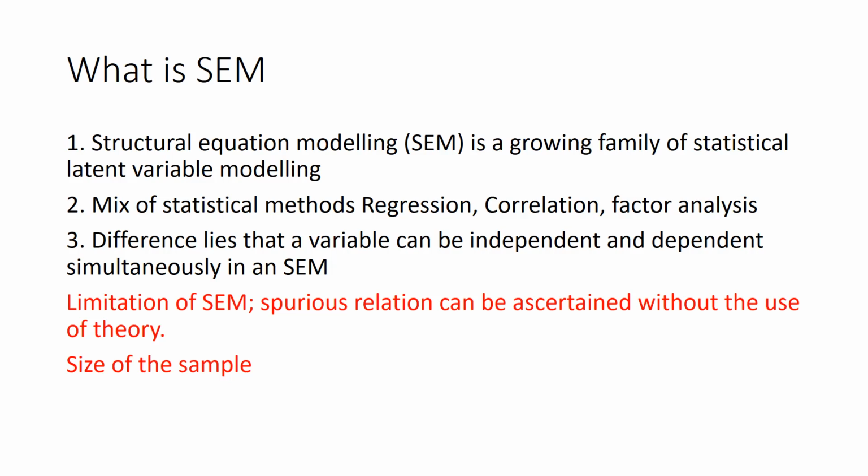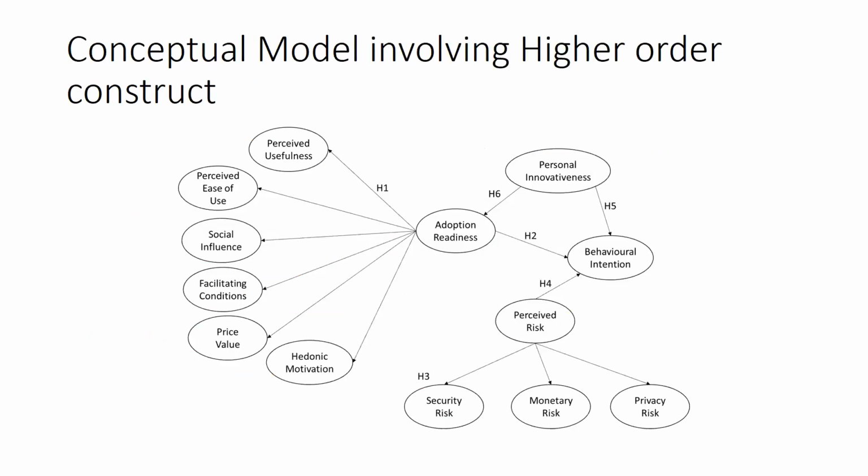I have an example in the next slide. This is a research model or conceptual model that I borrowed from one of my papers. I have a technological construct called perceived usefulness, which is nothing but the utility that you derive from using a technology.